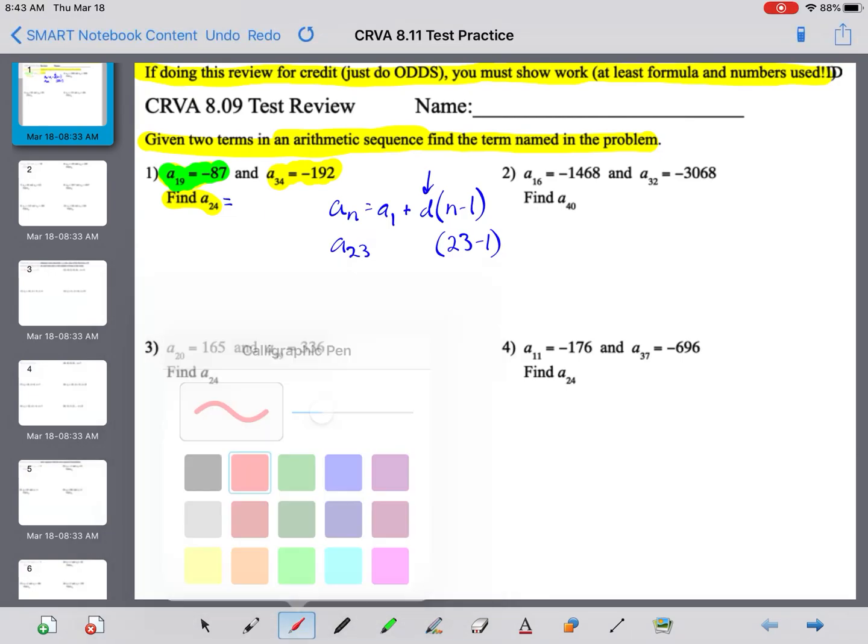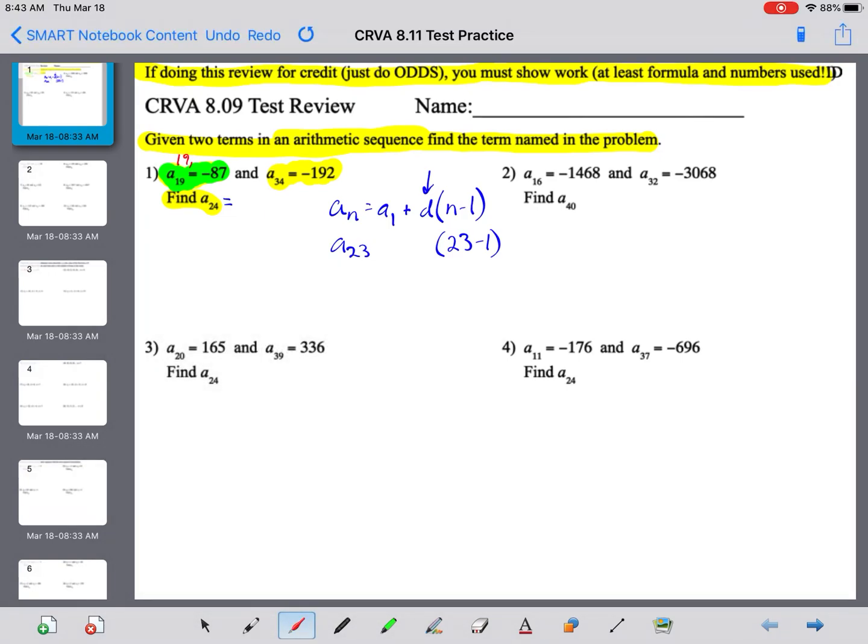So think of these as coordinate pairs. When your input is 19, the output is -87. When your input is 34, your output, or your y, is -192. So we can find the slope then by taking the difference in the y's, or the outputs, divided by the difference in the x's.